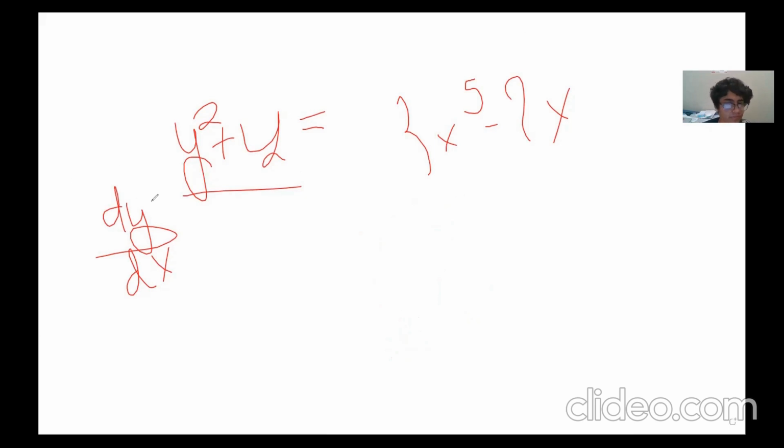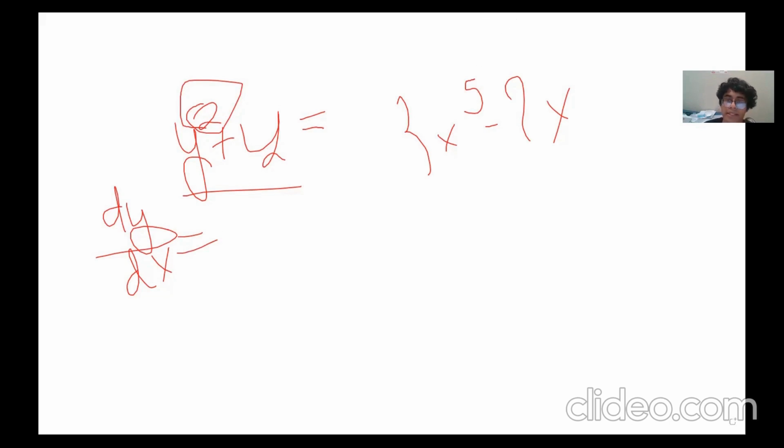Well, maybe there is some intrinsic, bundled up relation in this y squared plus y thing. And if we want to isolate that and get rid of it and put it all on the right-hand side, so we can say dy dx equals something concrete, well, that's the goal, and we'll do it if we have to.